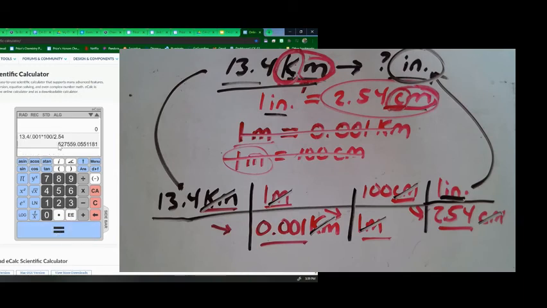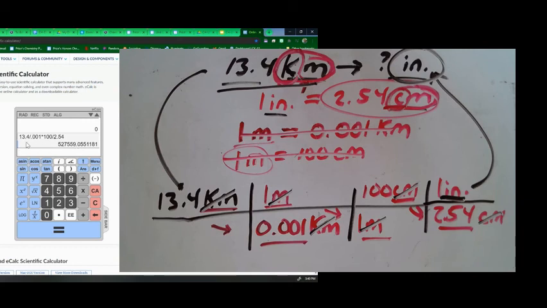Now the number is this big old giant number, right? So we have to do a couple things. One, we need to make sure that it has the correct number of significant figures. And two, we need to make sure that it is in scientific notation because it's a big number over 1,000. All right.